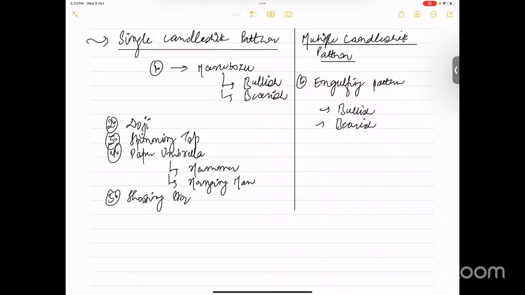Next that comes is harami pattern. So don't go by the name. It's just a Japanese word that is there. So it is harami pattern. This is harami जिसके अंदर again bullish आता है. Another that comes is bearish pattern. Okay. Third that comes into picture is piercing pattern.